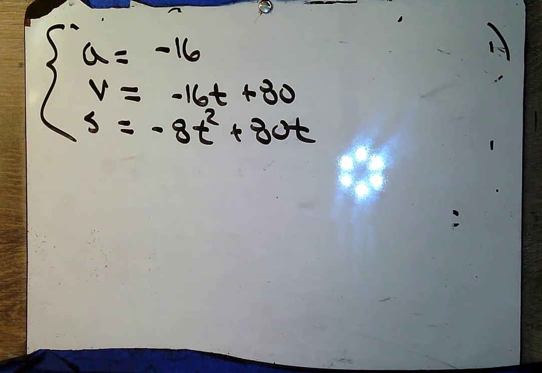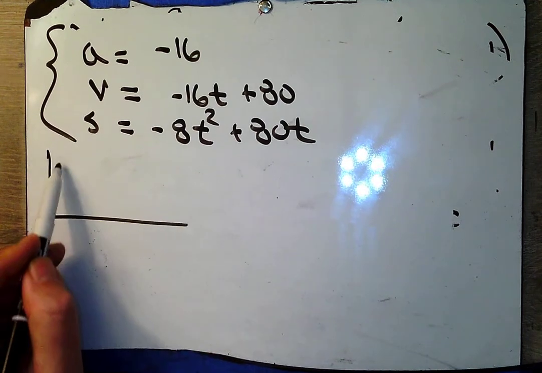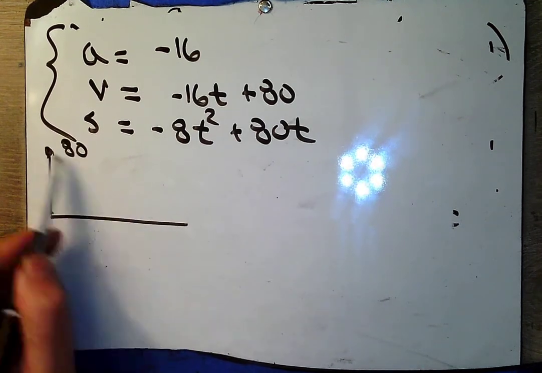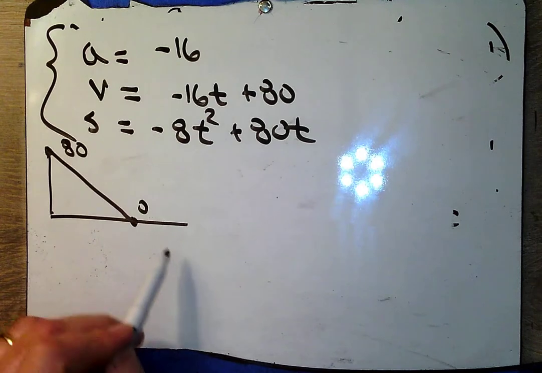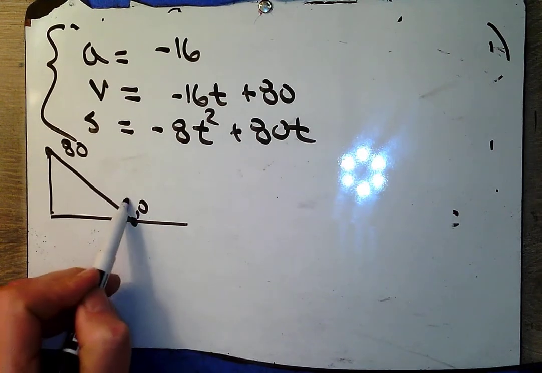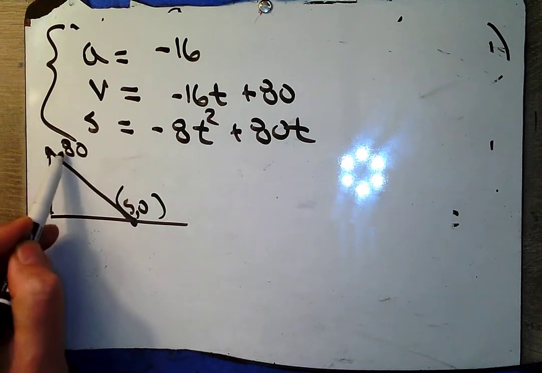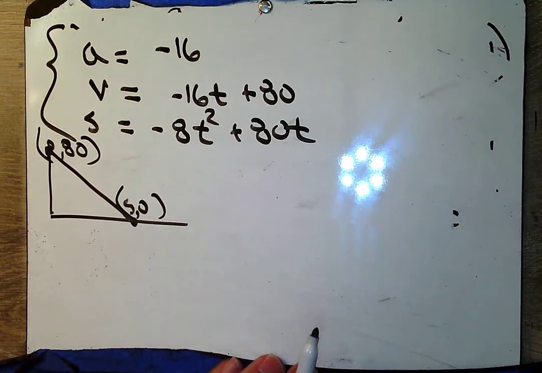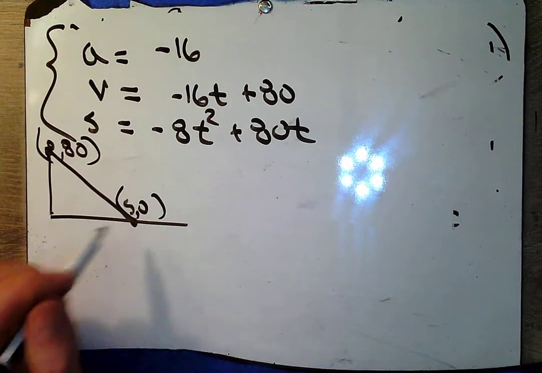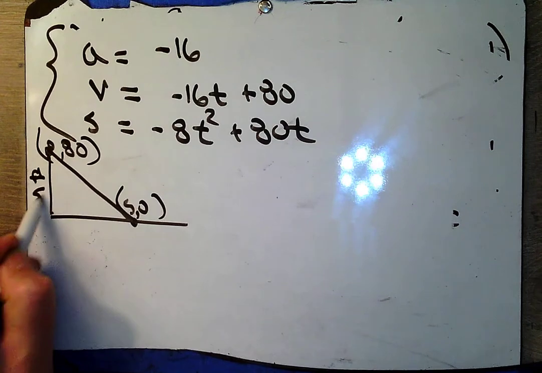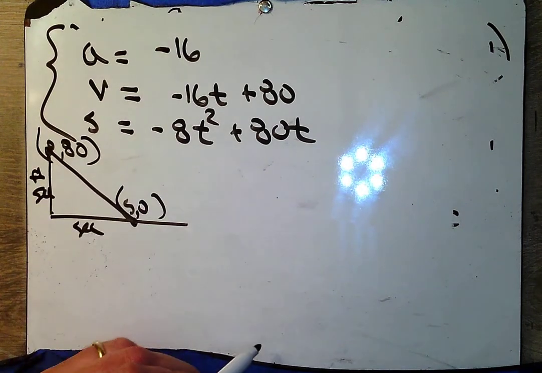Okay, so how long did it take this car to stop? Remember from our velocity graph? Velocity went from 80 to 0 in 5 seconds. So I want to know, and this is feet per second, and this is seconds, I want to know how far this car traveled.